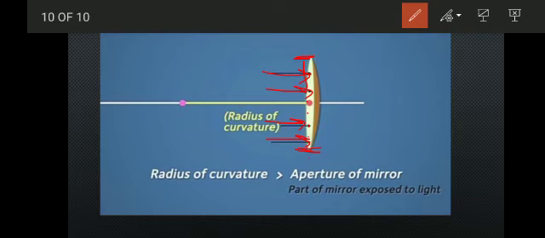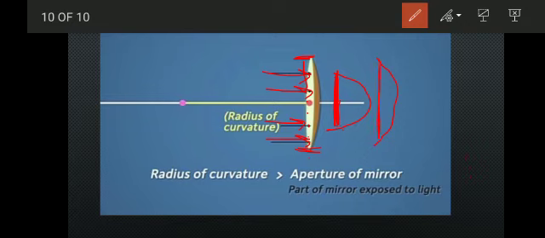It can be less or greater. If the mirror is like this, it is more curved, so its opening will be less, its aperture will be less. This is the aperture. If it is less curved, its aperture will be greater.